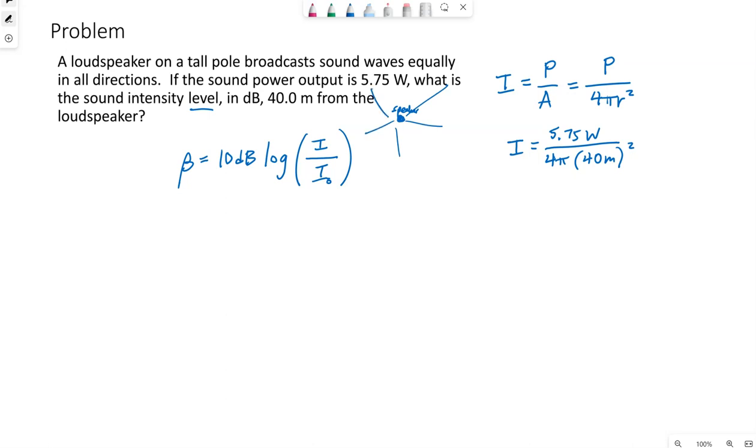So when we're talking about this sphere, I can be the same distance in any direction from the speaker, and the speaker is the center of this sphere. We just have to be 40 meters in some direction from the speaker, and that's why 40 is R. So we can figure out what this intensity is.